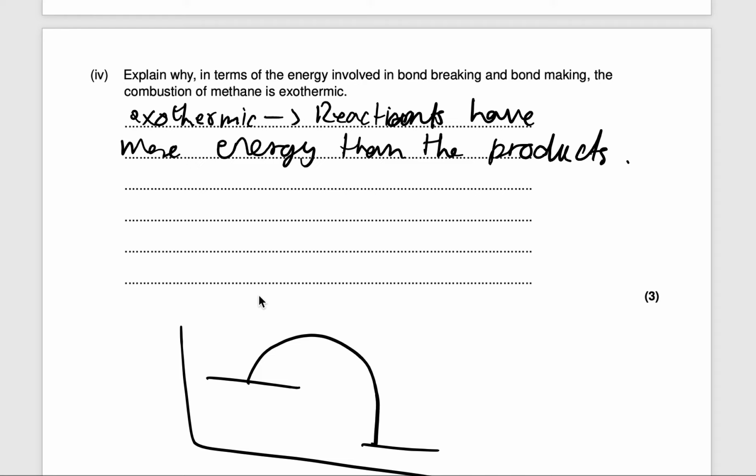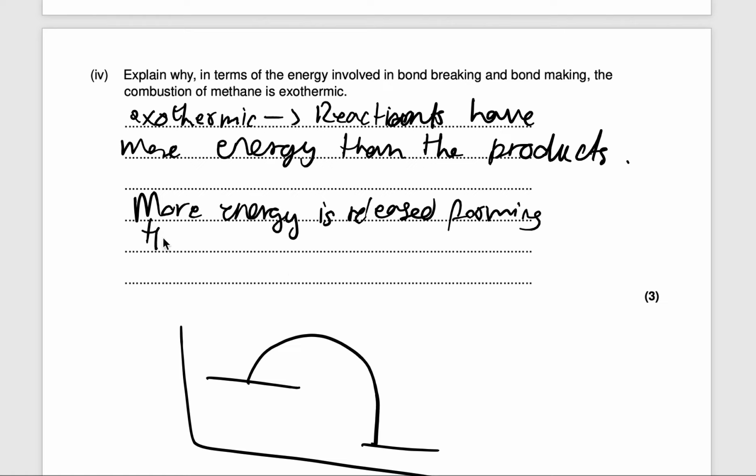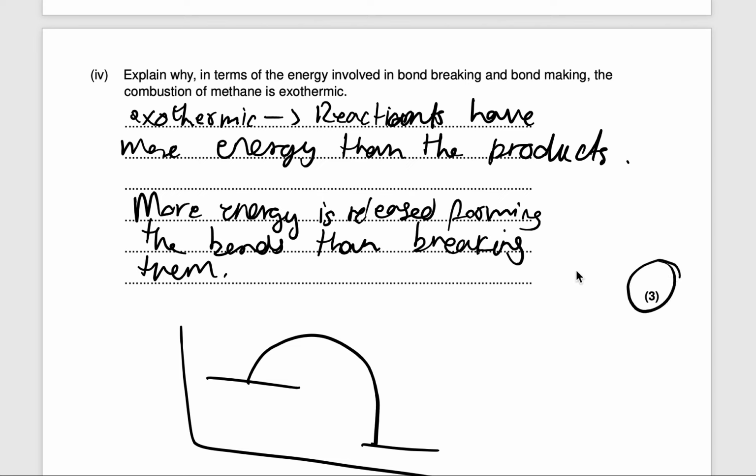In terms of bond breaking and bond making, exothermic means more energy is released forming the bonds than breaking them. Okay, and that will get you 3 marks.